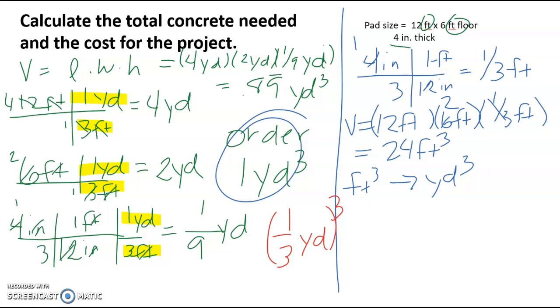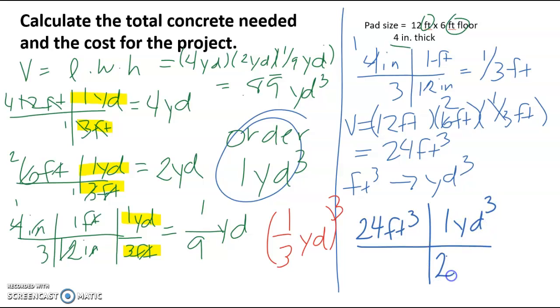So in this case, I'm going to take 24 feet cubed and convert it with 1 yard cubed over 27 feet cubed. How did I get 27? Well, 1/3 times 1/3 times 1/3. 3 times 3 is 9, times 3 more gives me 27.